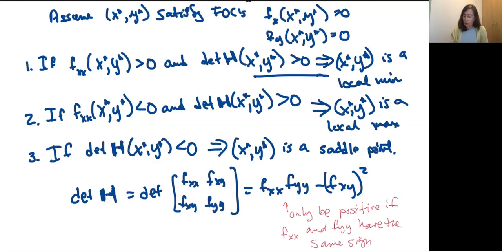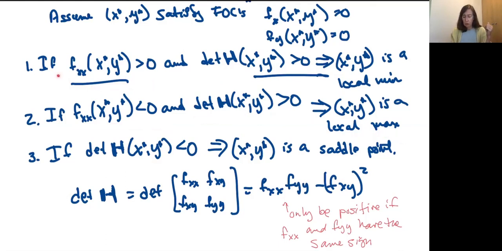So if it's bugging you that we have f xx here and not f yy, we could write it as f yy, and then the fact that f xx would have to have the same sign would be implied. So really what this is saying is if both direct second partials are positive and the determinant is positive, we have a local minimum. If both direct second partials are negative and the determinant is positive, we have a max.